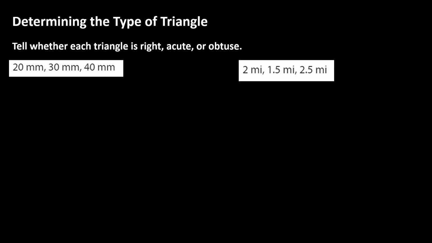All right, so just a couple more example problems before we end our lesson. These are the type of problems that you will see on your assignment. I'll ask you to tell me whether each triangle is right, acute, or obtuse given the three side lengths. So in our first example, we have side lengths of 20 millimeters, 30 millimeters, and 40 millimeters.